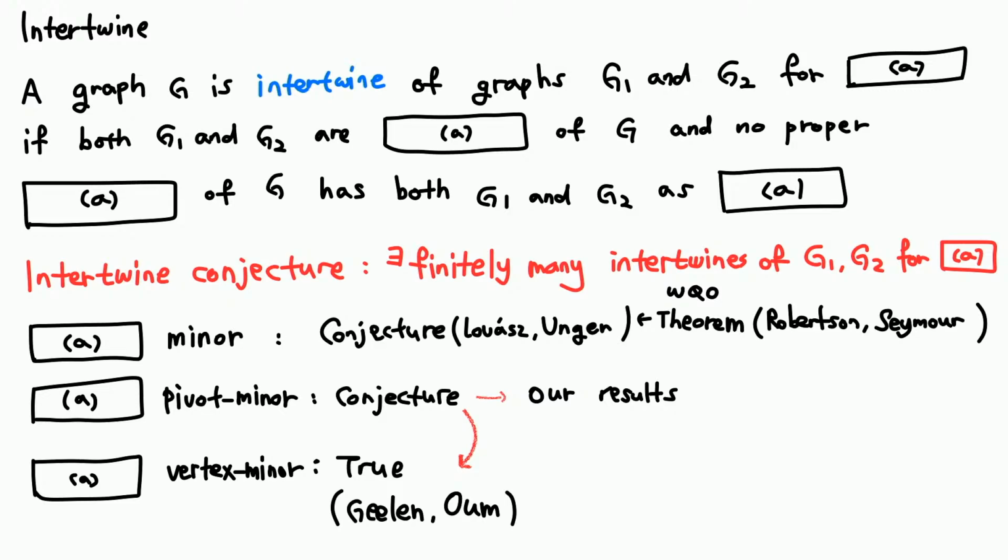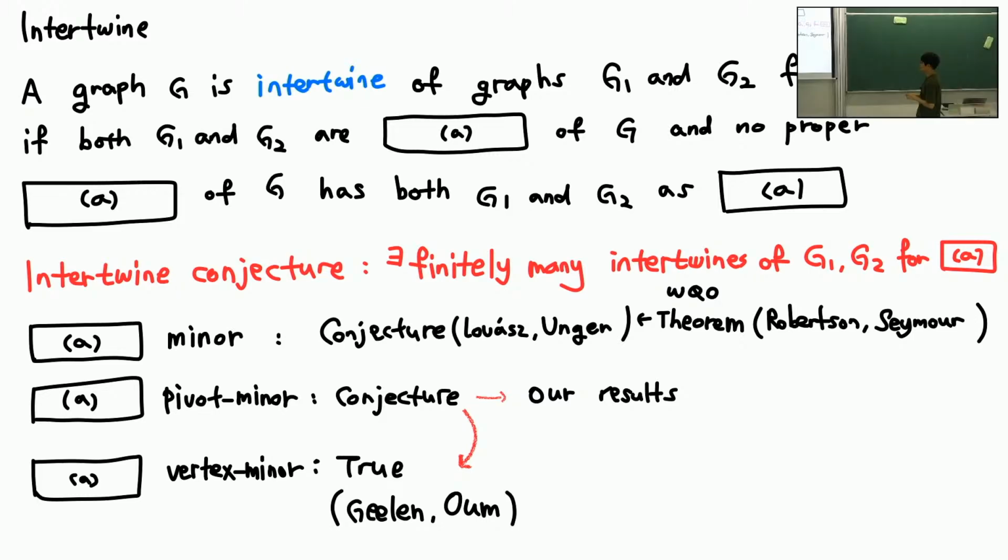Then the intertwine conjecture says that there exist finitely many intertwines of G1 and G2 for each pair of two graphs. The minor version was first conjectured by Robertson and Seymour, and actually this conjecture is true by the Wagner conjecture, proved by Robertson and Seymour, because the Wagner conjecture says that for the graph minor case there is no infinite antichain.